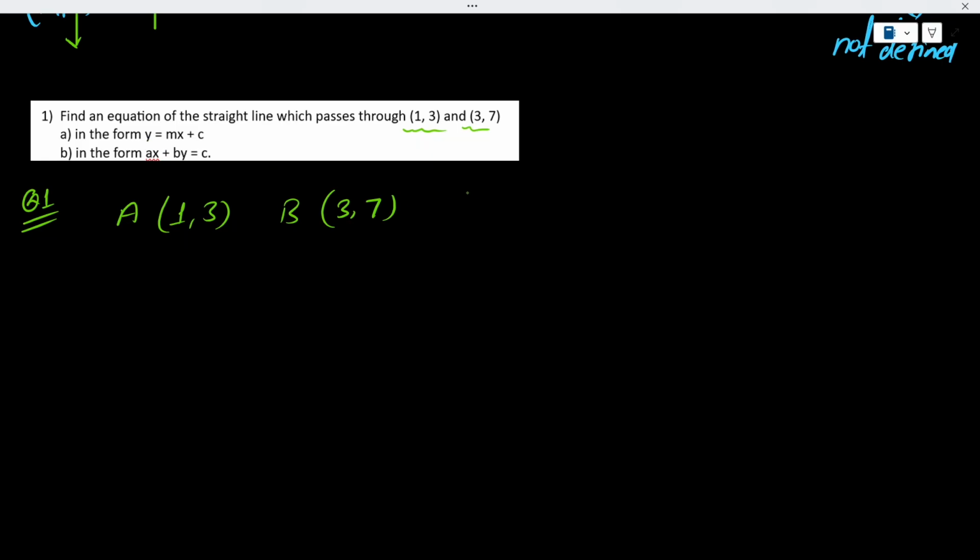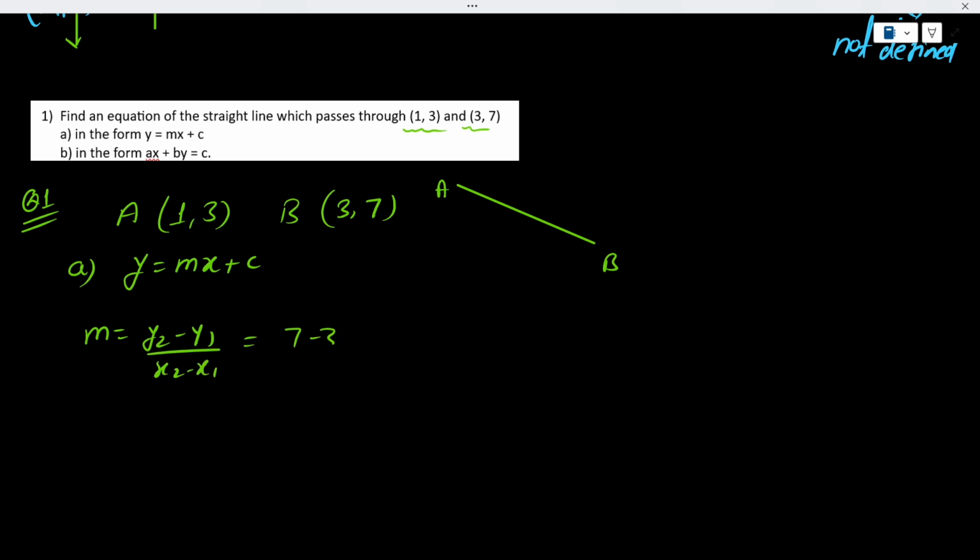If point A is here, point B is here, passing through points A and B, there can be a straight line which we can draw, right? So how are we going to get it? Y equals mx plus c is the equation of a straight line. You know that the gradient we get as y2 minus y1 by x2 minus x1, and if I substitute the values, 7 minus 3 by 3 minus 1, which is 4 by 2, so your gradient is positive.